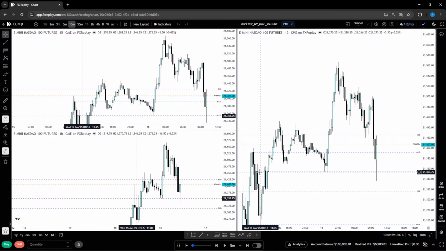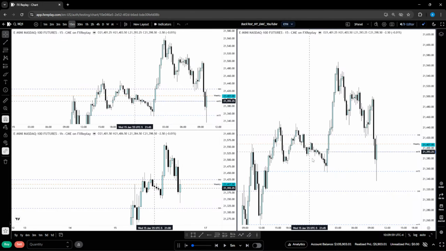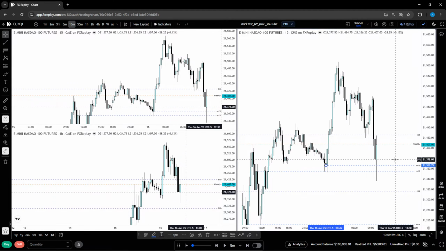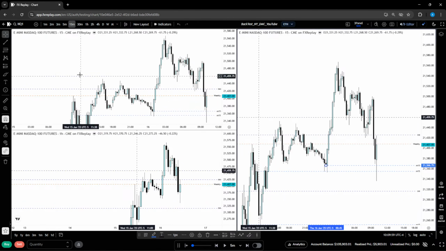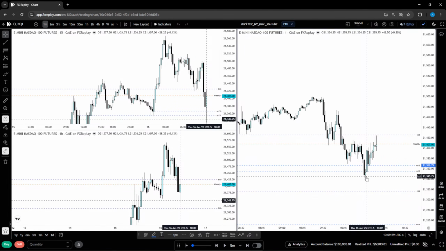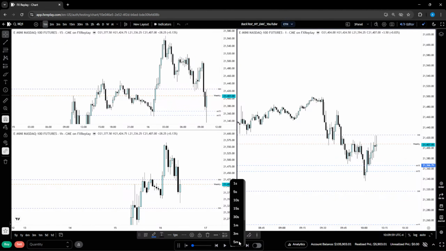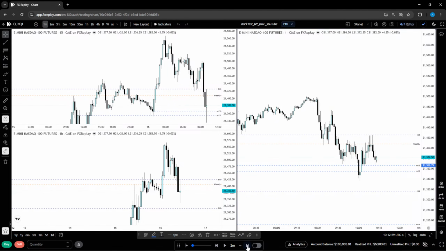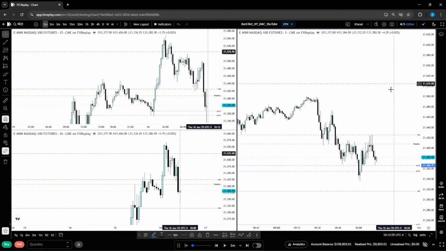What's one of these levels? This is one level, the 15-minute level is here. Now we'll see if we get a reversal and go close above this level, then we can go long.